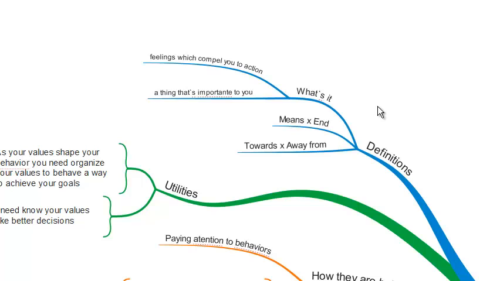A value is a thing that's important to you. For example, when you say, for me, the best thing in the world is to travel, you can think about it: what is cool about that word travel for you?